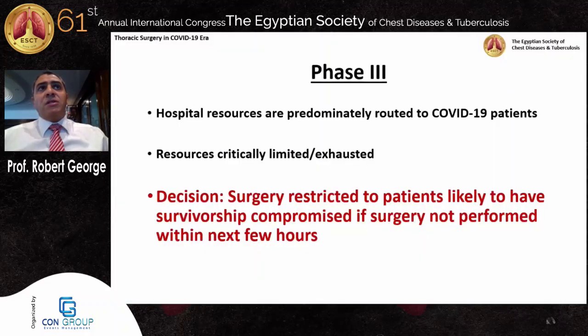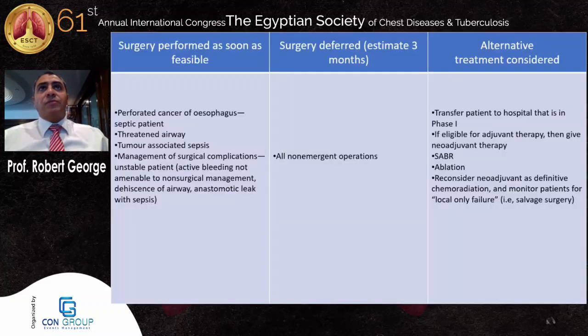In phase 3 of the disease, when hospital resources are predominantly routed to COVID-19 patients, as we have seen, resources are critically limited and exhausted. Surgery is restricted to patients who will not survive if surgery is not performed within the next few hours, such as, again, perforated cancer of esophagus or septic patient, threatened airway, tumor-associated sepsis, or management of surgical complications such as bleeding which is not amenable to non-surgical management, dehiscence of airway, or anastomotic leak with sepsis.